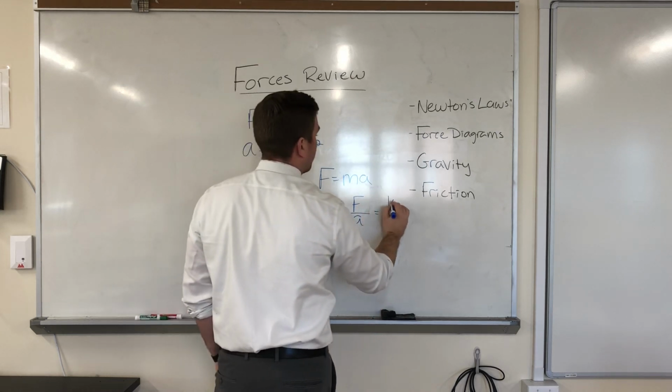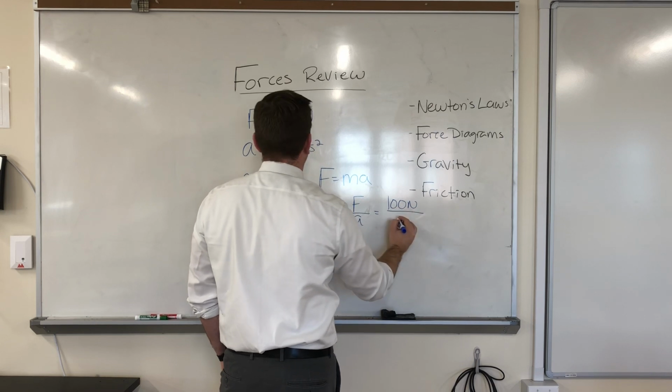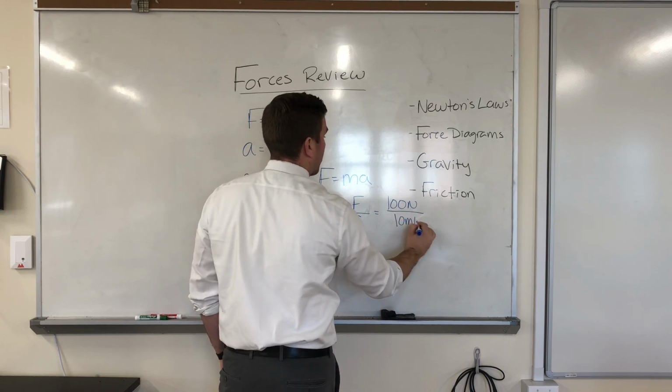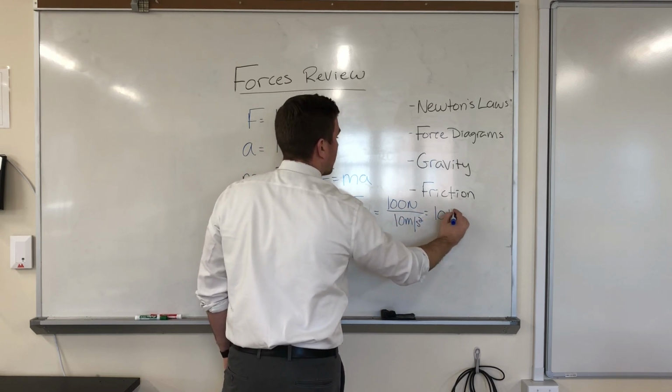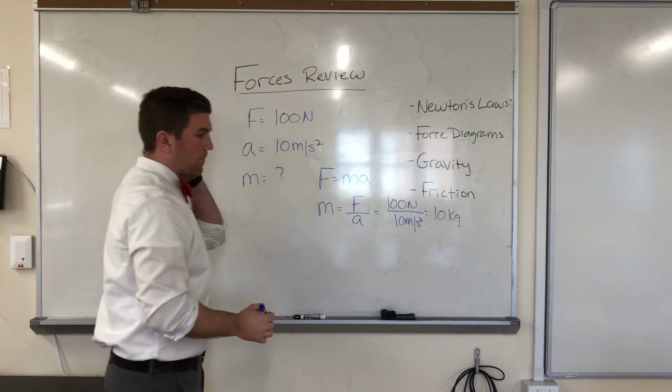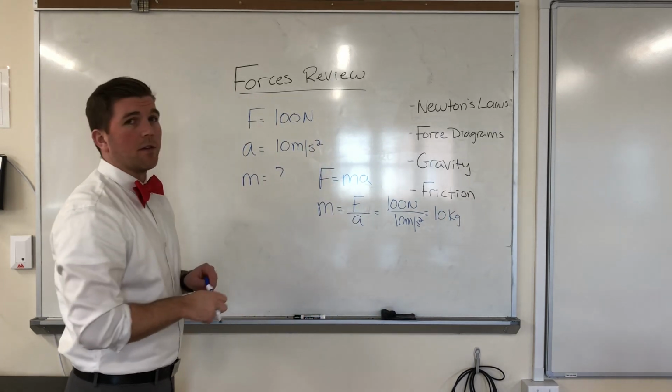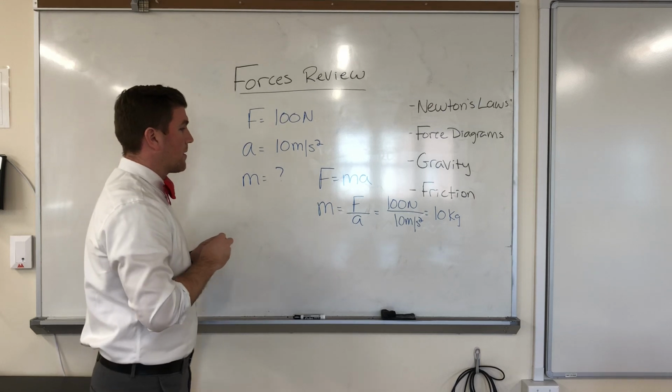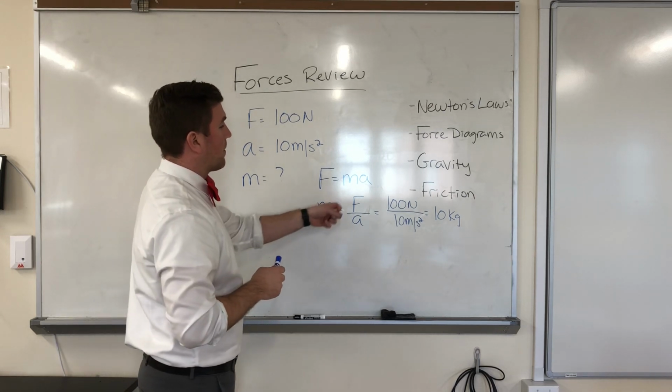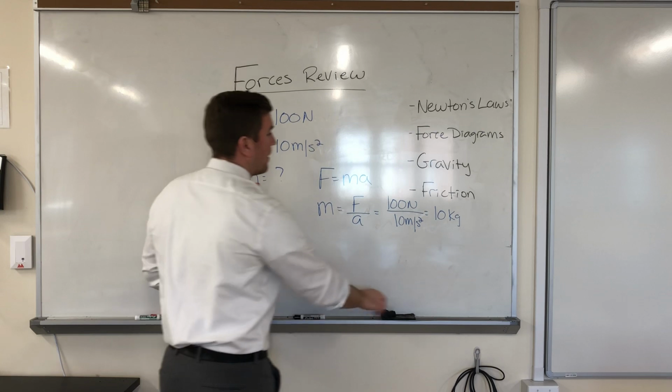I would take 100 newtons and divide by 10 meters per second squared and I would get 10 kilograms. That would be my final answer. This is a pretty simple one-step algebra problem where I'm just rearranging to solve for different variables.